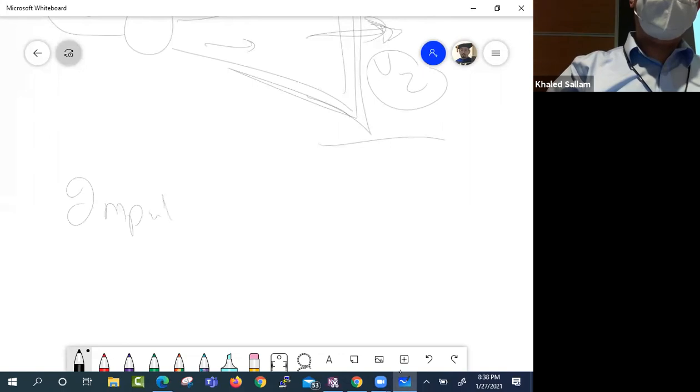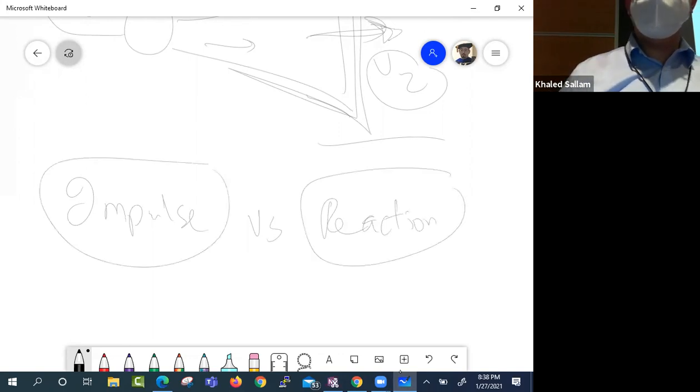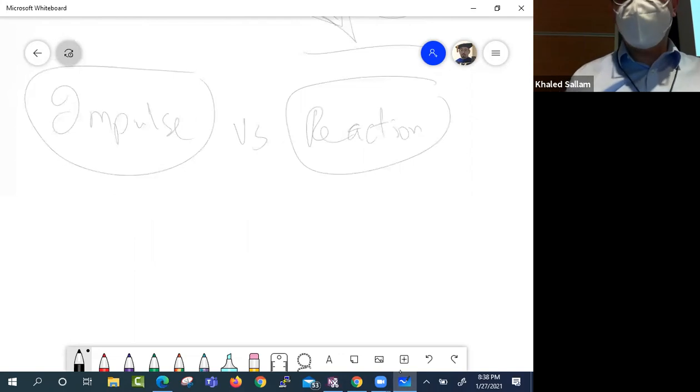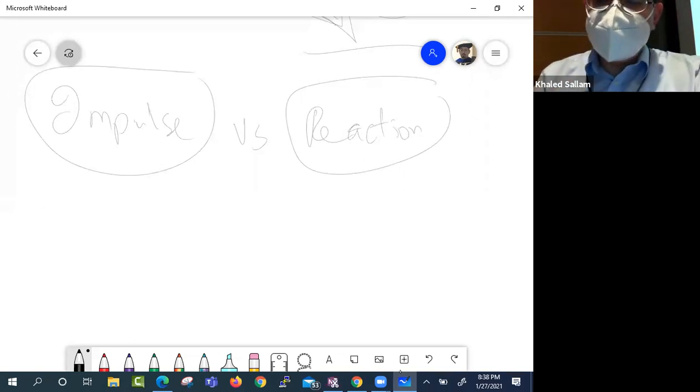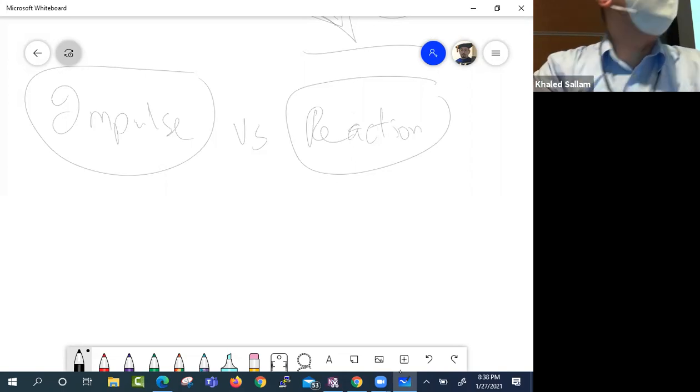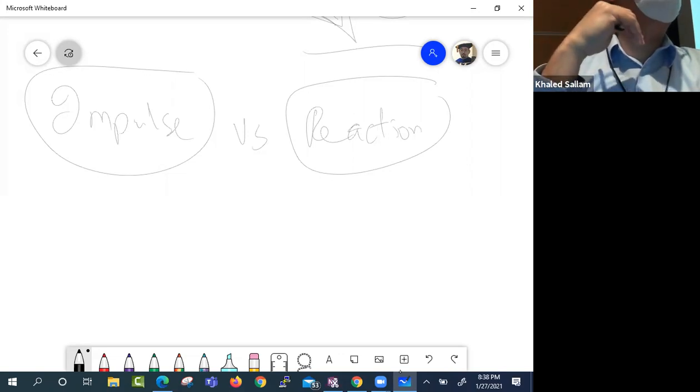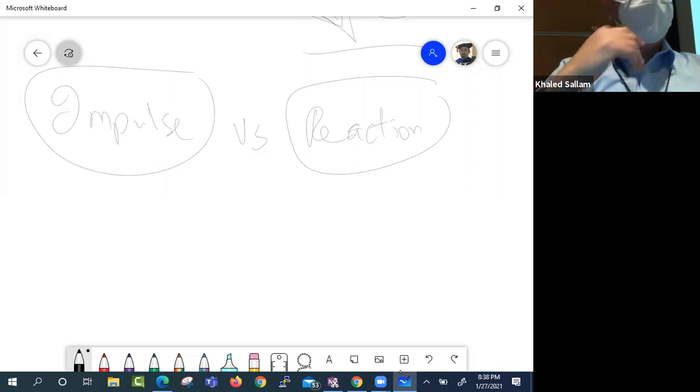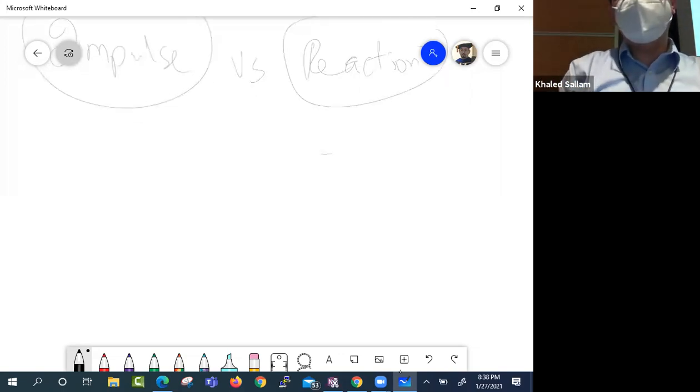So impulse turbine versus reaction turbine. Okay, and what is a reaction turbine? It's one that has a little bit of pressure drop on the stator and the rotor. Okay, and is it 50-50 or 70-30? This is called the degree of reaction. How much pressure drop happens on the stator and how much pressure drop happens on the rotor.